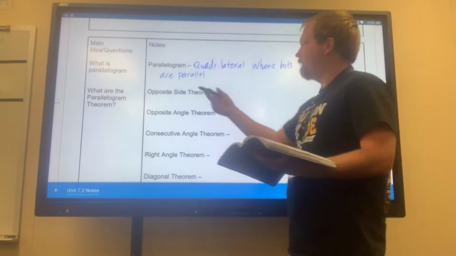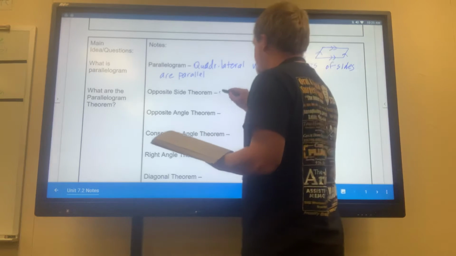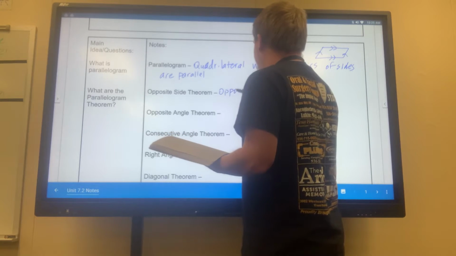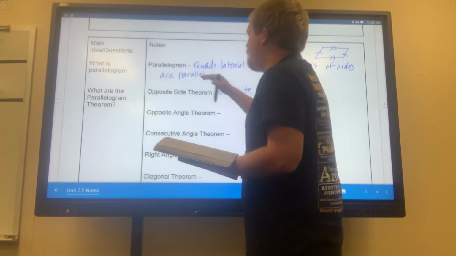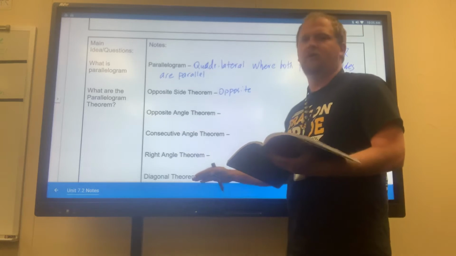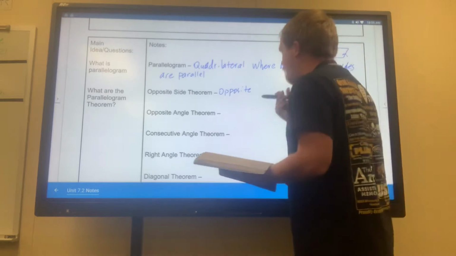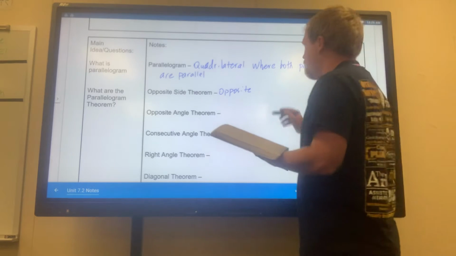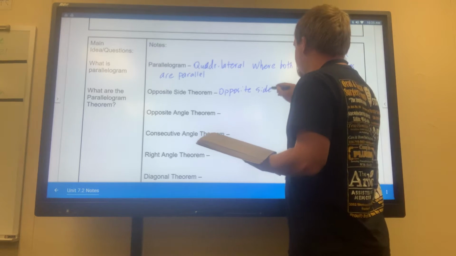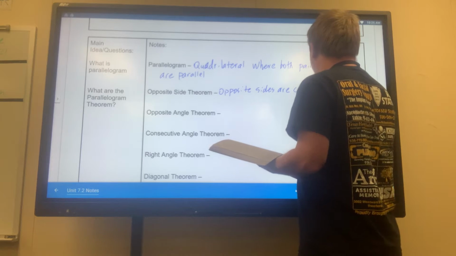For one, something to do with opposite sides. Opposite sides, which by the way, this all refers to parallelograms, okay? This whole theorem states about parallelograms. So for opposite sides of a parallelogram, opposite sides are congruent, no matter what.